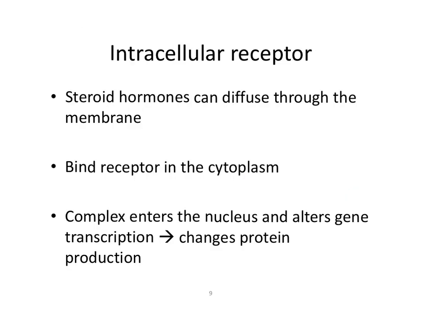All right, what if we have an intracellular receptor? Well, we're going to have an intracellular receptor anytime that receptor is meant for steroid or thyroid hormones, because they can diffuse through the cell membrane. So the steroid hormone slides through the membrane. It's going to bind its receptor, usually in the cytoplasm or cytosol.